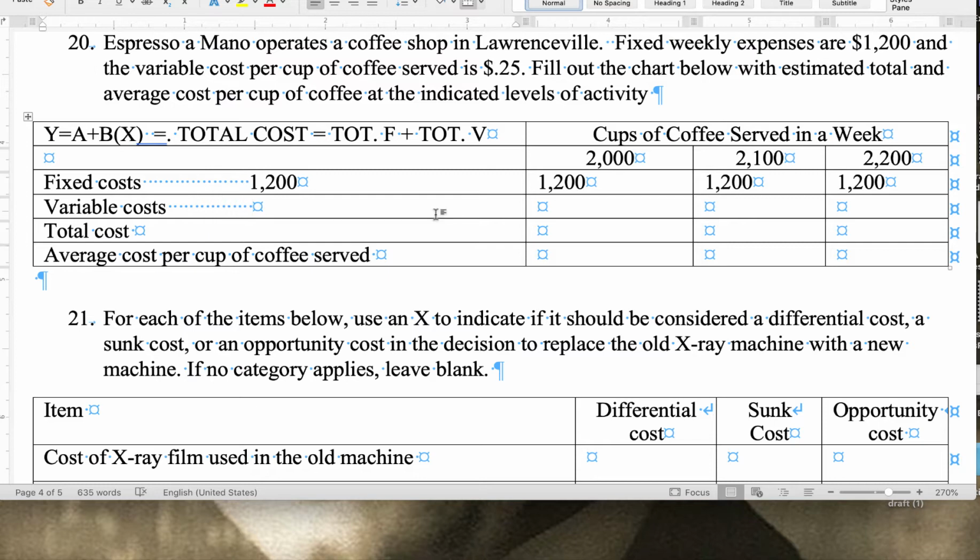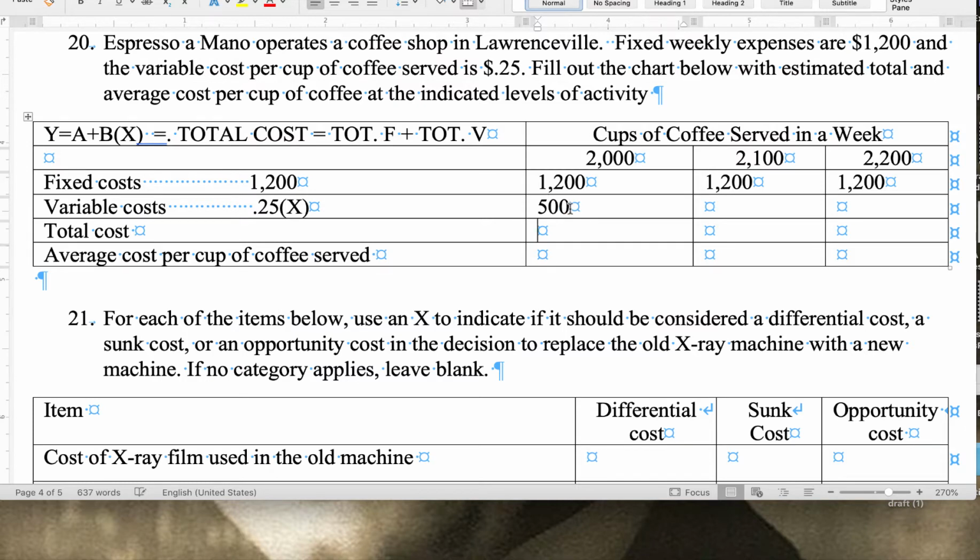And we're going to say 0.25 times X. And our X is either 2,000, 2,100, or 2,200. So let's look at the 2,000. Okay, 25 cents times 2,000 cups of coffee equals $500.